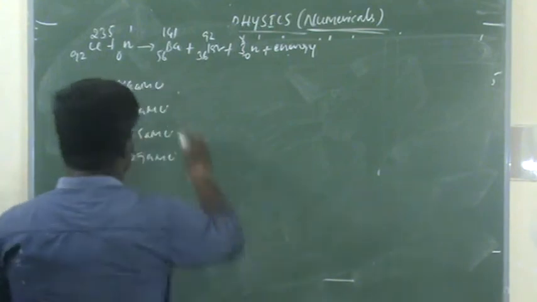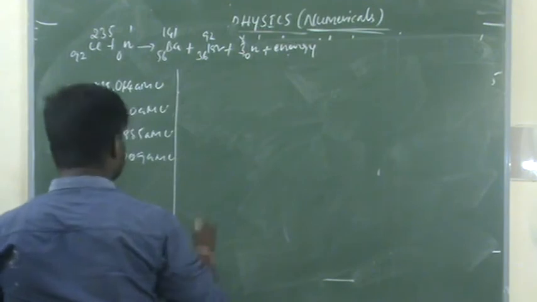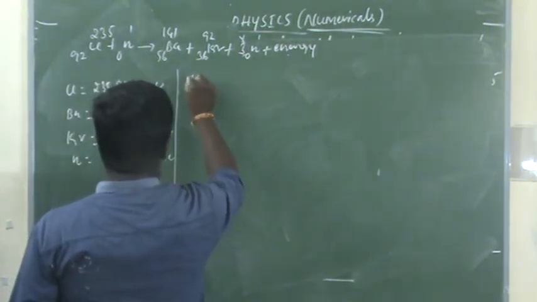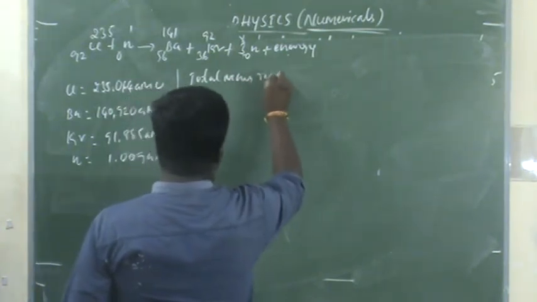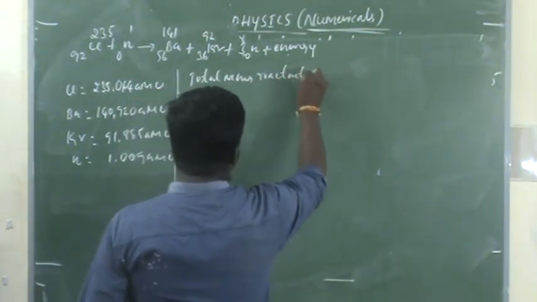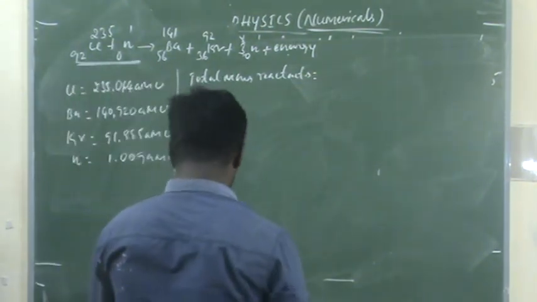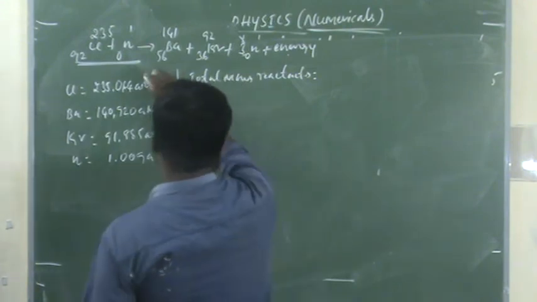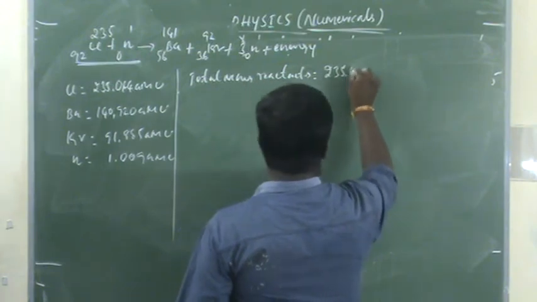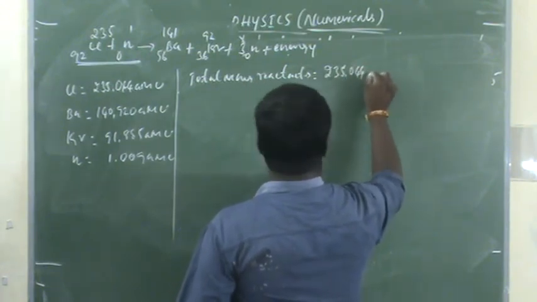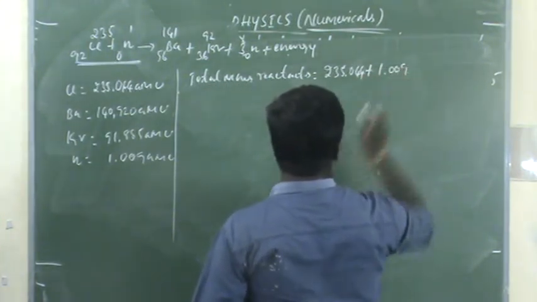So first we calculate the total mass of reactants. What are the reactants? Uranium and neutron. They are already given. Uranium mass is 235.044 plus mass of the neutron is 1.009.